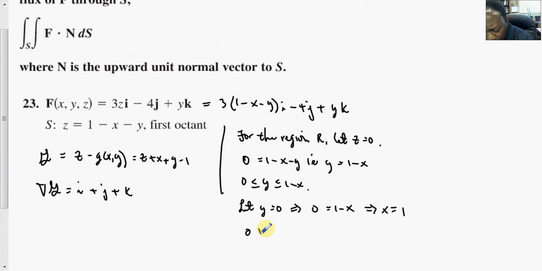So the domain for X would go from 0 to 1.